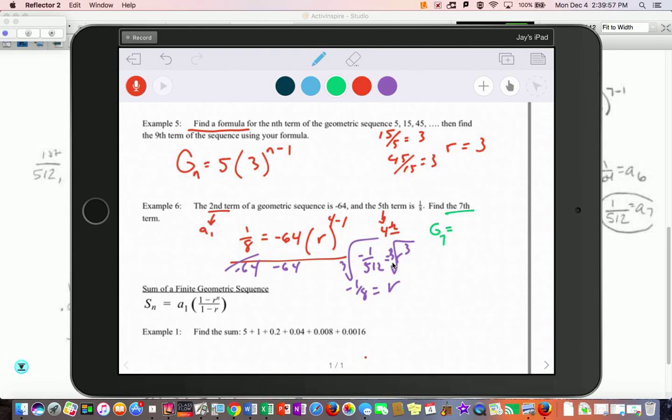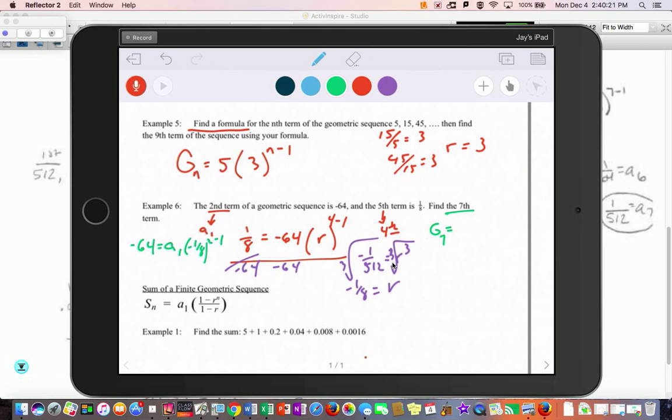We don't really know what a sub 1 is in this problem, so let's go back and find an a sub 1. So if the second term is negative 64, I don't really need to do this because I can adjust it the way we just did, but a sub 1, and then I can do negative 1/8 raised to the 2 minus 1 power.